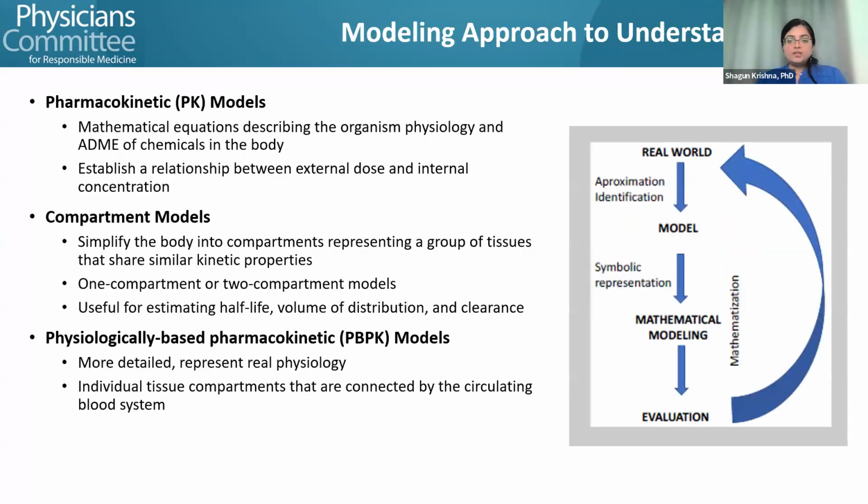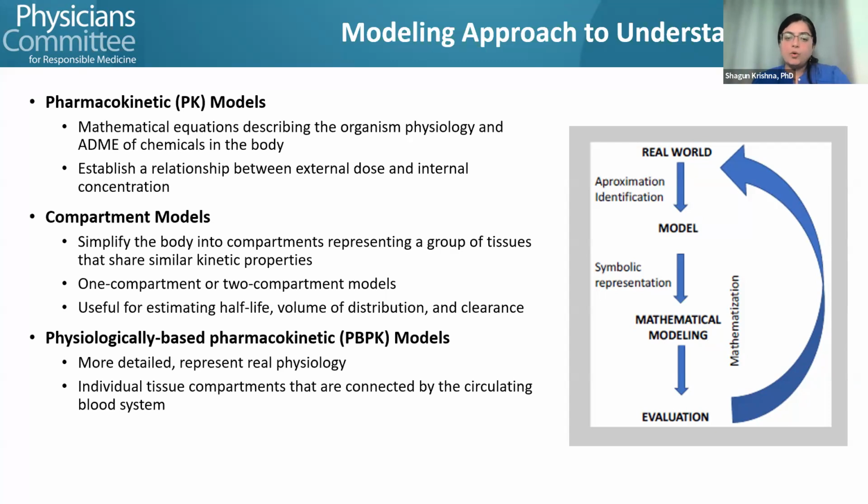Okay, so with PK and PD as the foundation, we can utilize different modeling approaches to predict how a chemical behaves inside the body. Basic PK models use different mathematical equations to estimate the concentration of a chemical in different body parts.